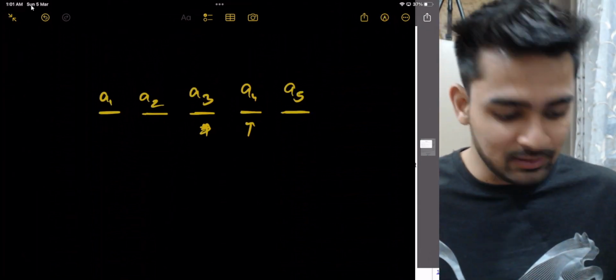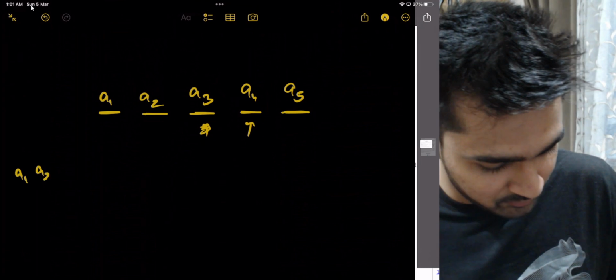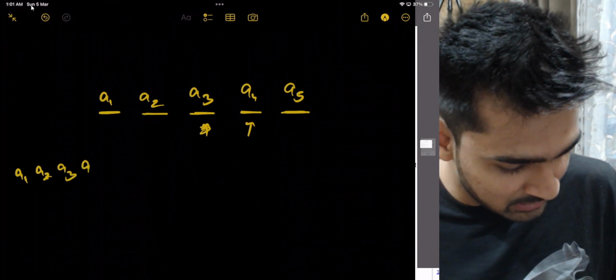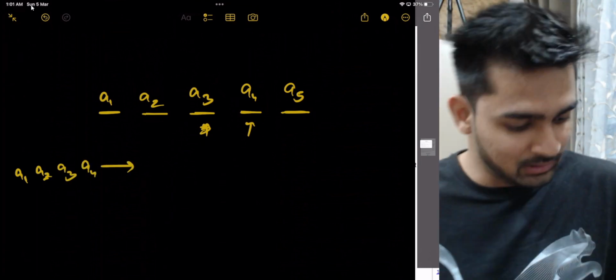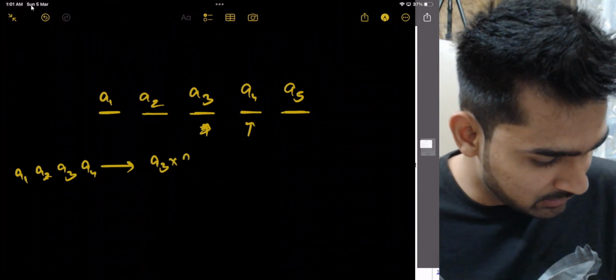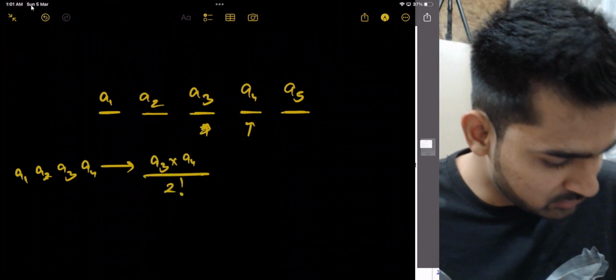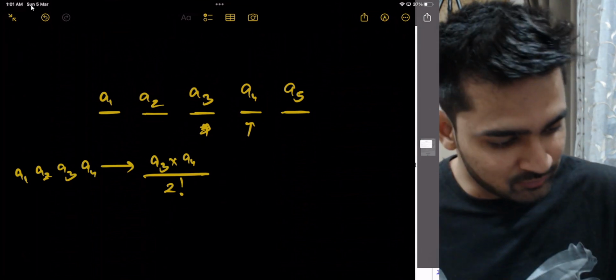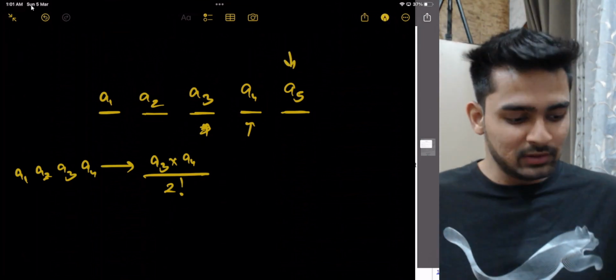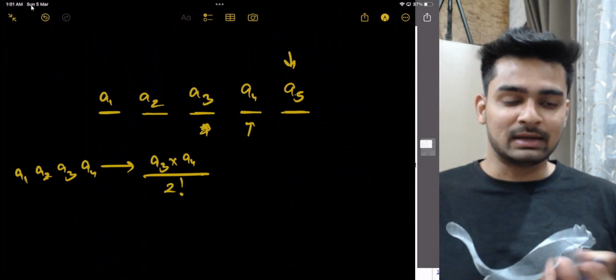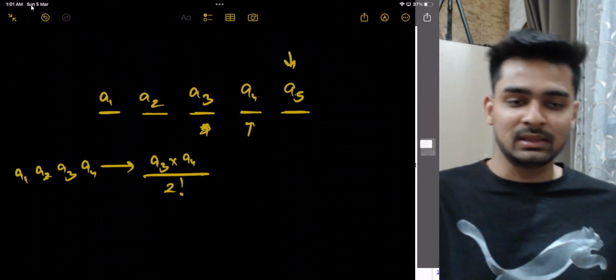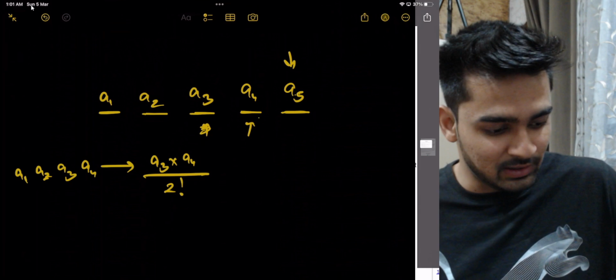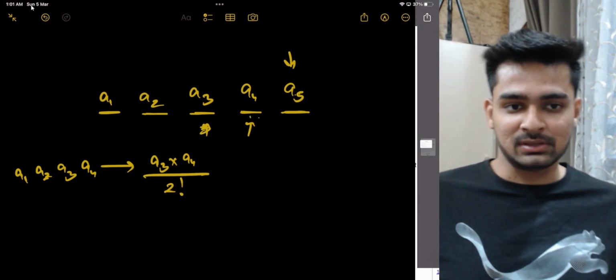If we are done till a4, that means the score of a1, a2, a3, and a4, let's say, came out to be a3 into a4 upon 2 factorial. Let's say this was the answer. How do we find the answer for a5? We know that the answer will start from a5, that is for sure. A5 will be present in the answer. Now we need to check if a4, a3, a2, a1 might be present or not.